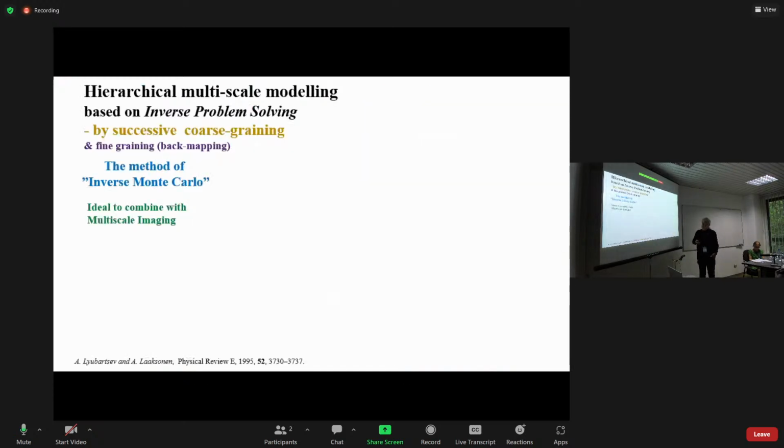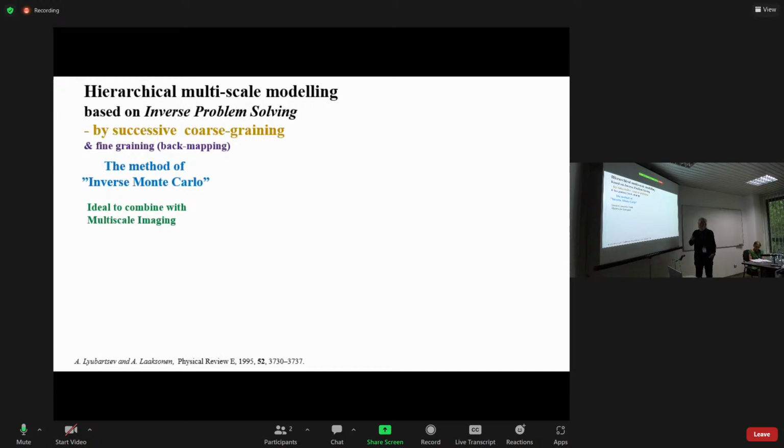So now I introduce this method which we are using, which we developed actually a long time ago. And it is based on something called successive coarse graining. And in every coarse grain step, we solve this so-called inverse problem.